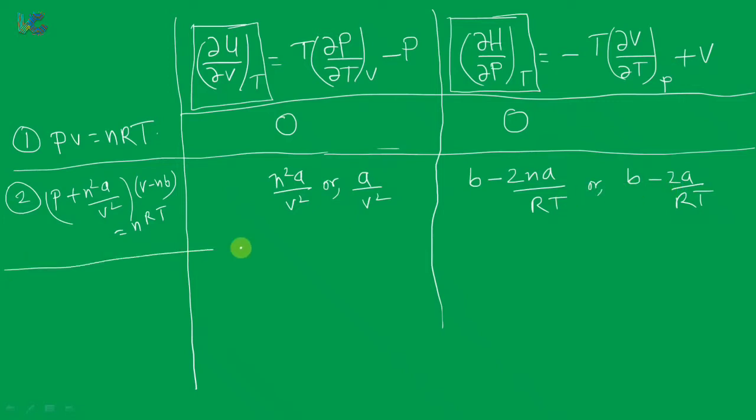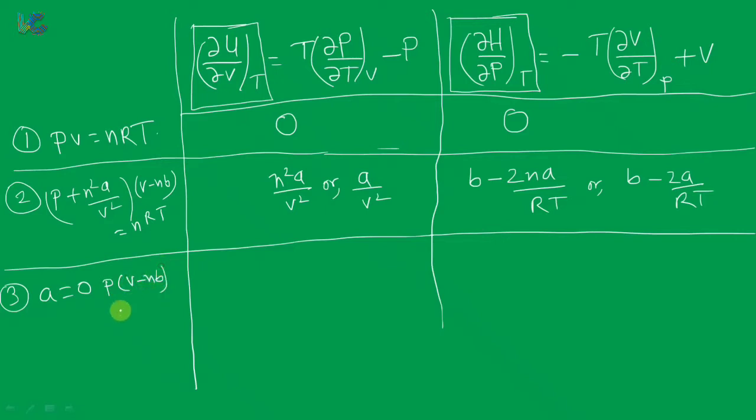Now we will also see two more gases. In one case, in the gas equation A is equal to 0, that means the gas equation is P into (V minus nB) equal to nRT.